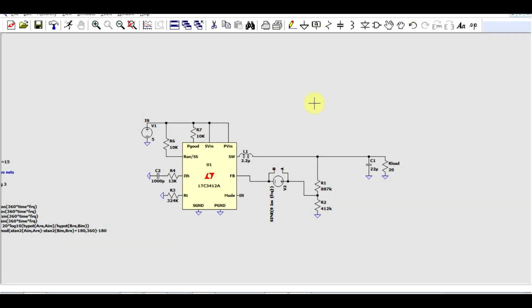So to highlight the method of generating the loop response of a switching supply, I took the test fixture circuit of the LTC3412 that is provided by LTspice and then added a voltage source to it. This is of course after explaining how this way of measuring is not the best. But anyway, I did not come up with this example.